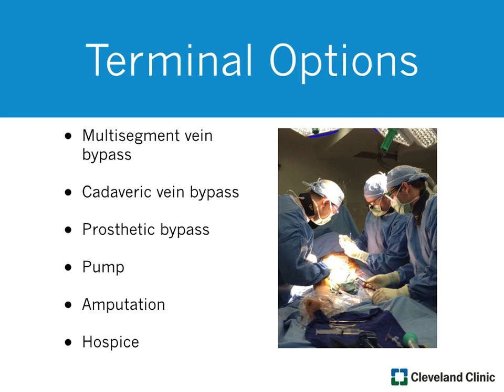When they present, we are left with what I term terminal options in terms of revascularization. These include multi-segment vein bypasses, cadaveric vein bypasses, prosthetic vein bypass, use of a sequential arterial pump, amputation, and hospice care.